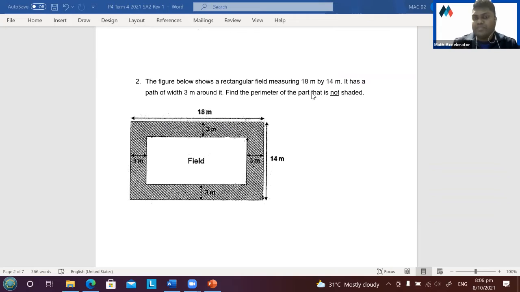Find the perimeter of the part that is not shaded. The part that is not shaded is actually the field over here. So just draw this part. All right then, what is the length of the field? This unshaded part of the field.